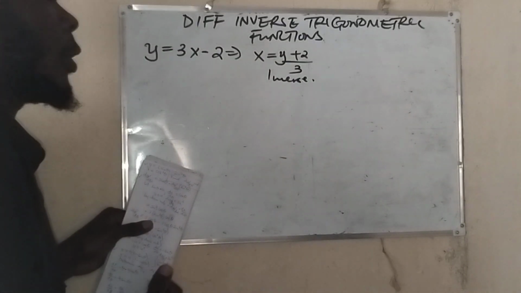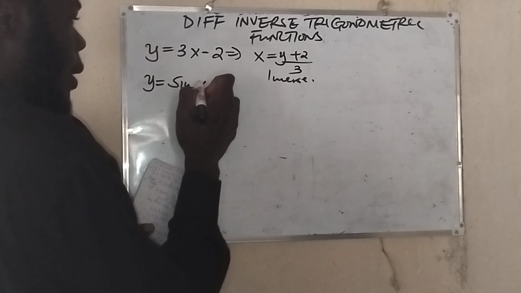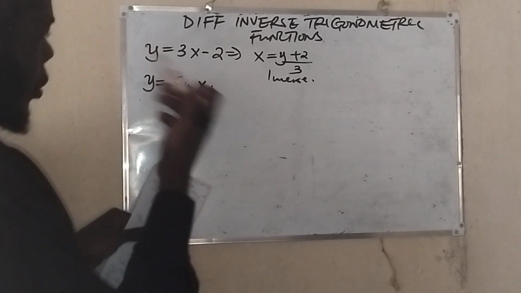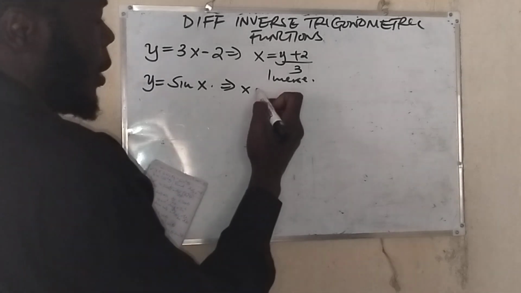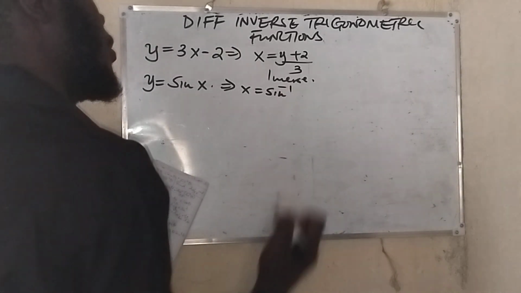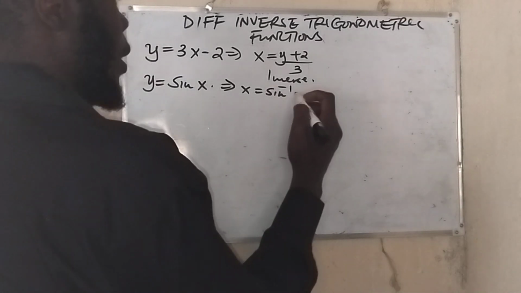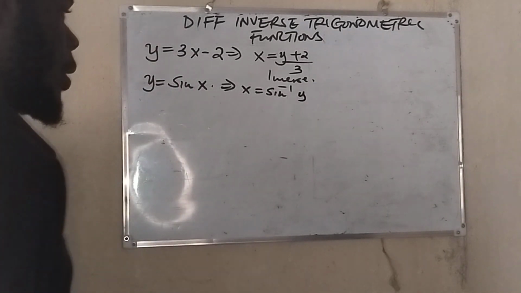For a trigonometric function, for example, y equals the sine of x, then x is the sine inverse of y. So if you get the sine inverse of y, you get x.